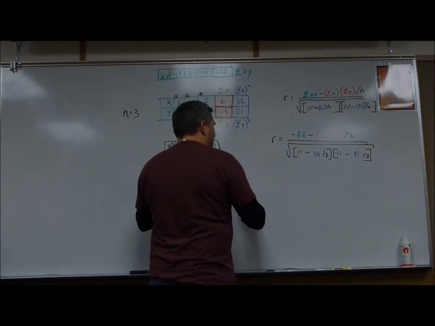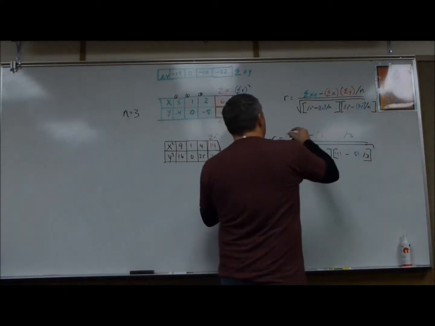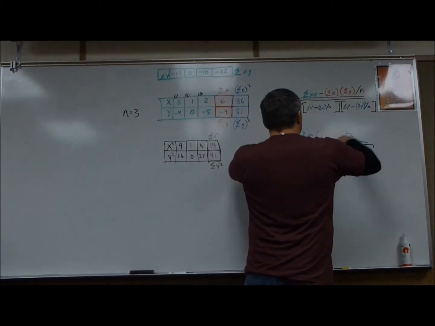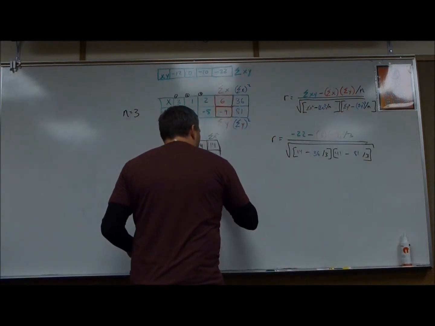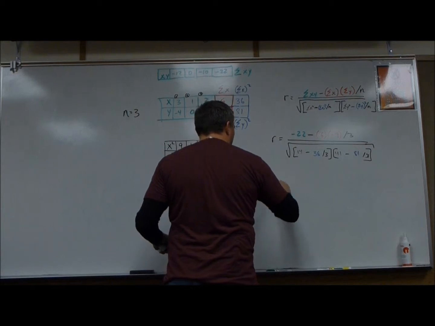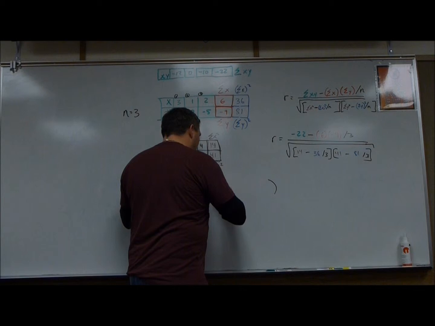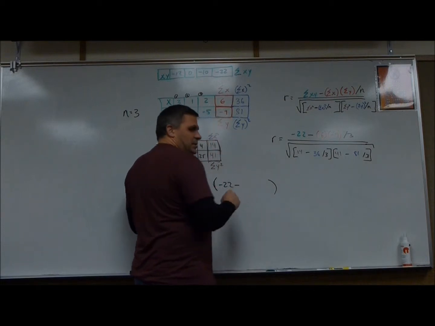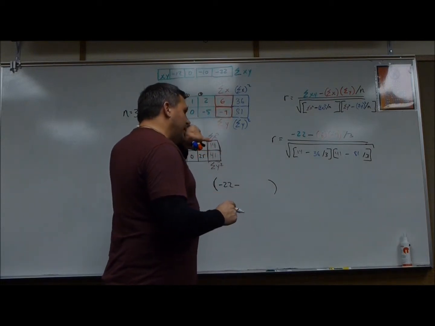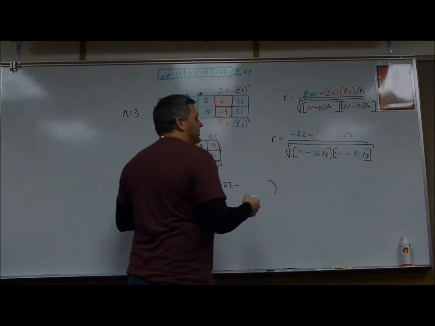I just plug in. The first thing I got to do is I have to have this top. This bar is separating that top. So right off the bat, I know I have the top. So I have to do the first bar, and then negative 22 minus, and then I need to make sure that these multiply and these divide appropriately.